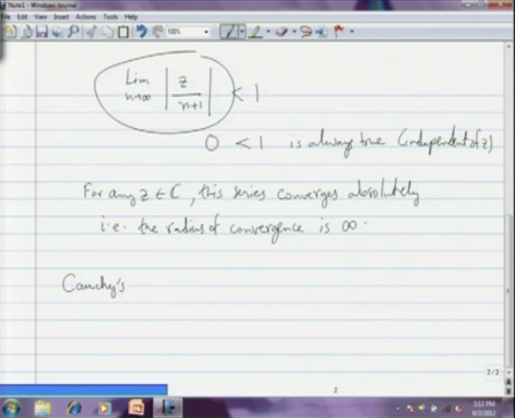I will provide the Cauchy-Hadamard formula for the radius of convergence without proof.